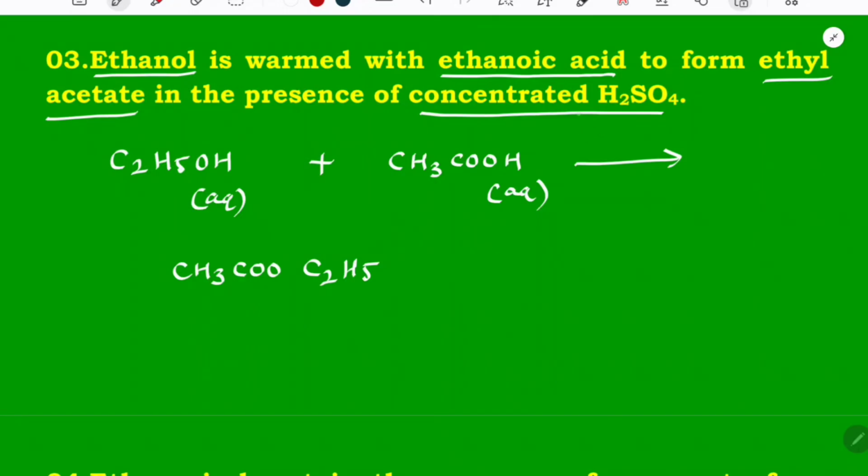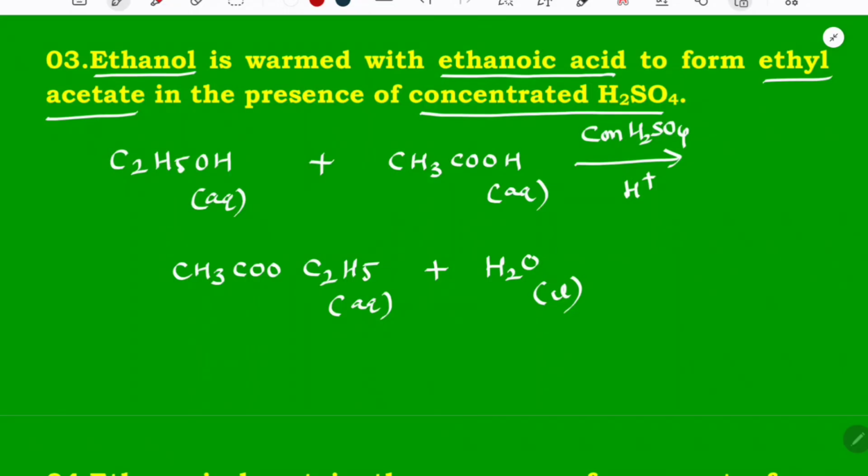In presence of concentrated H2SO4, you should write it on the arrow mark. What is the use of this? It releases H plus ions, and only these H plus ions can react. Then H2O will form. This is aqueous, this is liquid.